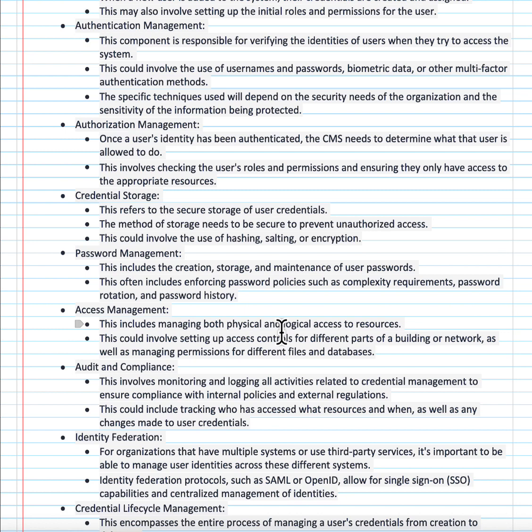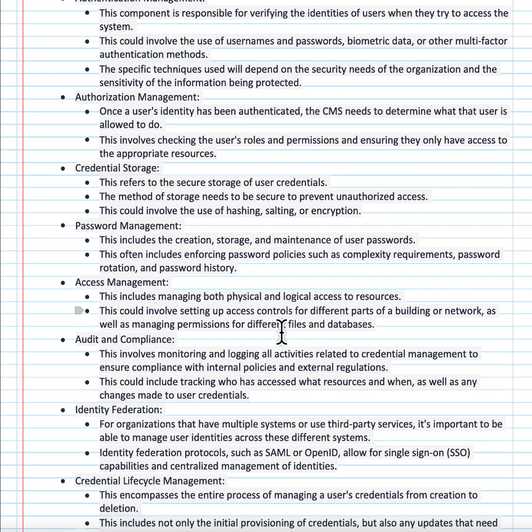So therefore, if I steal them from one place, odds are high they're going to log me into many other locations. But again, this needs to be a very secure location to prevent anybody that had unauthorized access. And this can involve using various encryption type techniques: hashing, salting, and encryption. That's a different section of the CISSP, but again, that can be done in various ways.